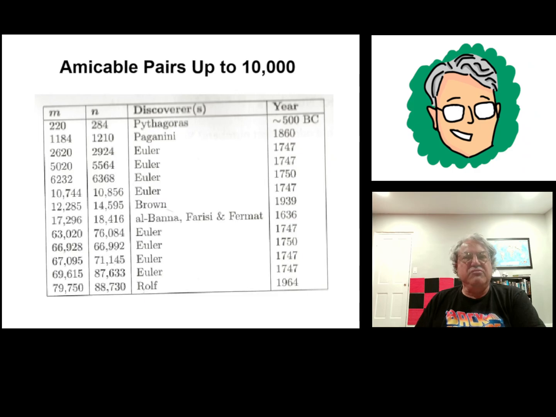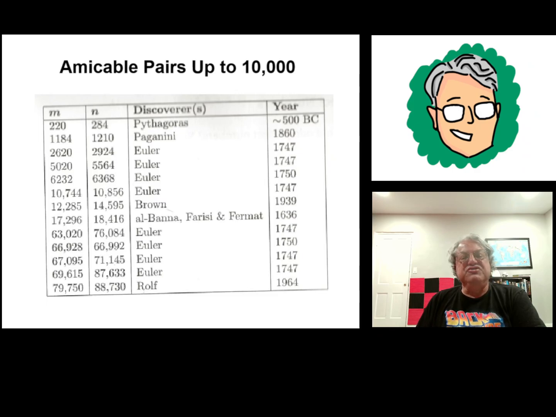He had a column on amicable pairs, and it got compiled into a little booklet, which I used to have. And I remember seeing this table in the booklet, and I think the booklet was from 1965, so it was brand new. And at that time, in 1965, there were only 13 known amicable pairs.